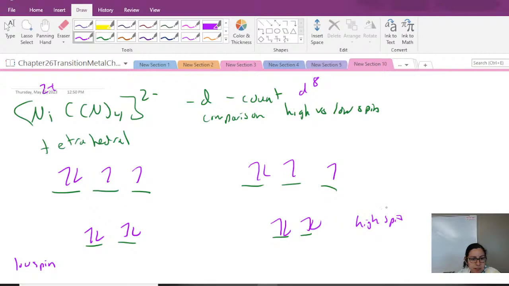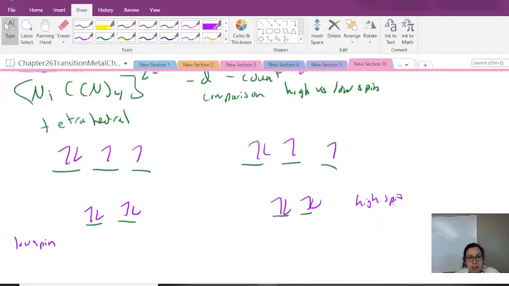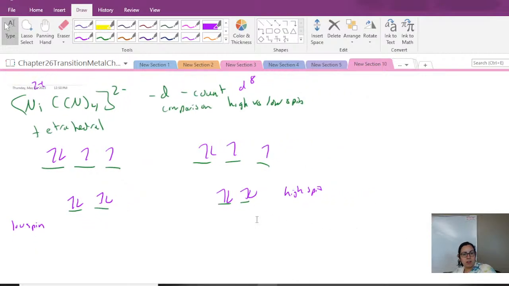That one didn't make a difference, huh? There just wasn't enough splitting energy. Yeah, I made a bad example. In this one there would be no difference.